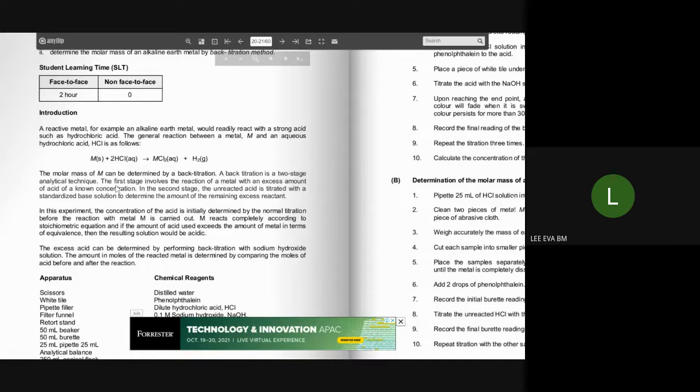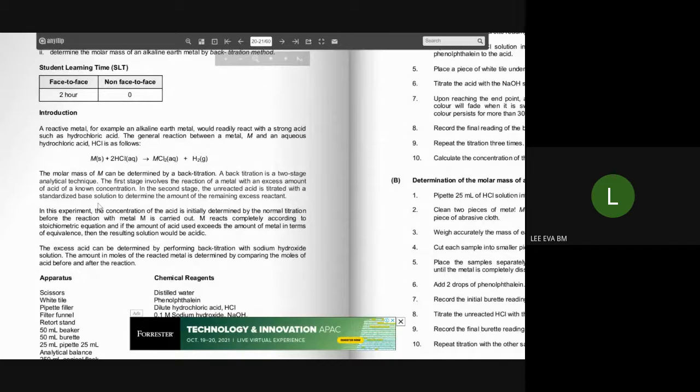Therefore, in the second stage, we want to determine the number of moles of the remaining excess reactant. From there, working backwards, we can know the number of moles and the molar mass of our unknown metal. That is working backward, therefore we call it a back titration.